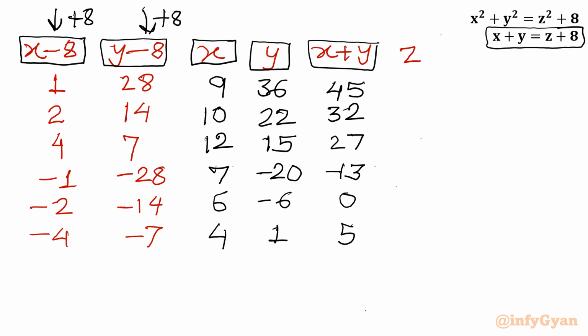Now from here we will calculate z. So z will be equal to x plus y minus 8 from this equation. So I will take away 8 from the x plus y column. 45 minus 8 will be 37. 32 minus 8 is 24. 27 minus 8 is 19.